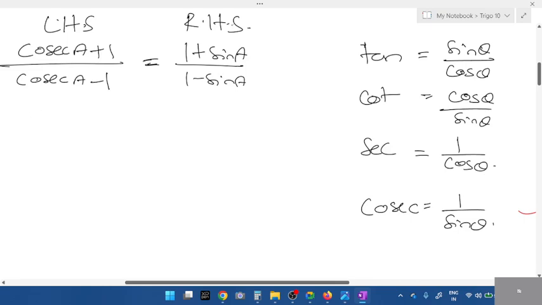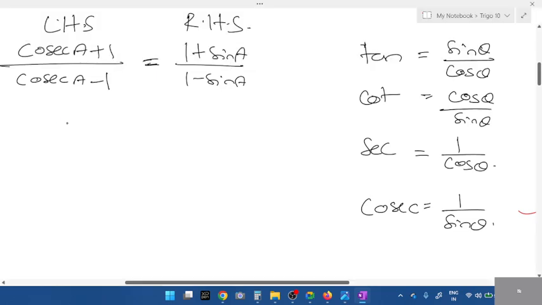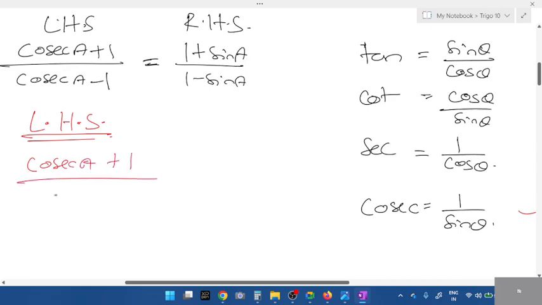Let us start. Which one shall we convert? Left hand side or right hand side? You all tell me. Shall we take LHS, left hand side? So left hand side, what do we have? Cosec A plus 1 divided by cosec A minus 1. Once you solve this, what are we supposed to get, students?